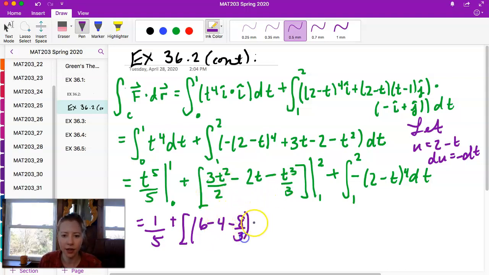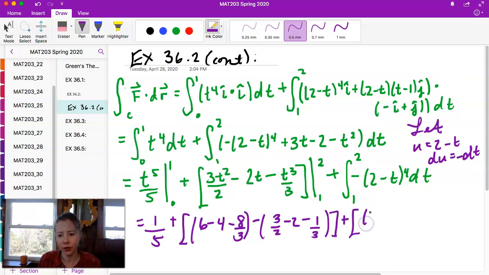And then we want to subtract off plugging in 1. So that's going to give us 3/2 minus 2 minus 1/3, plus 2 minus t to the fifth over 5 from 1 to 2, once we do our u sub.